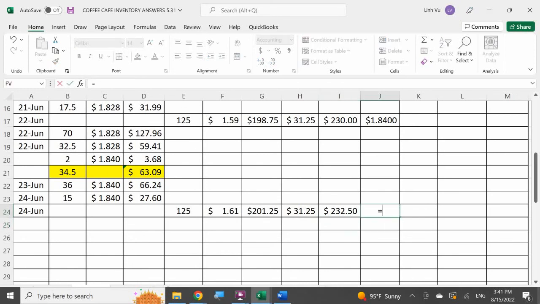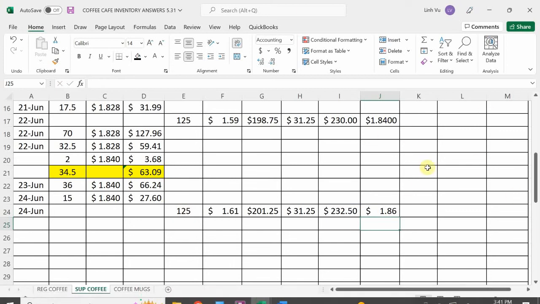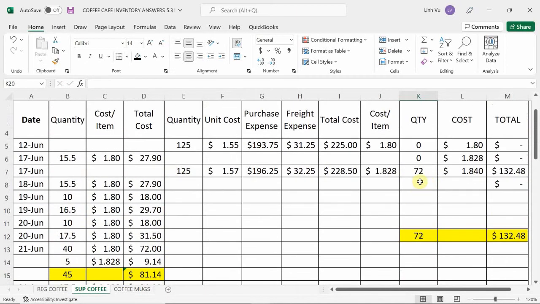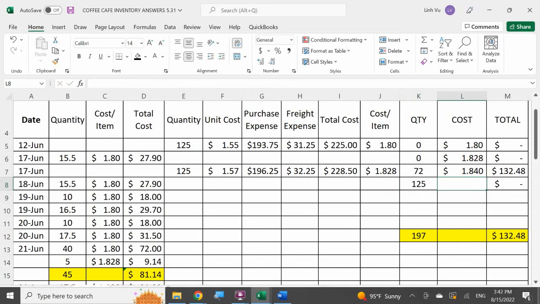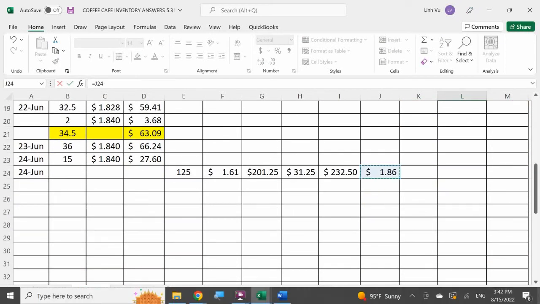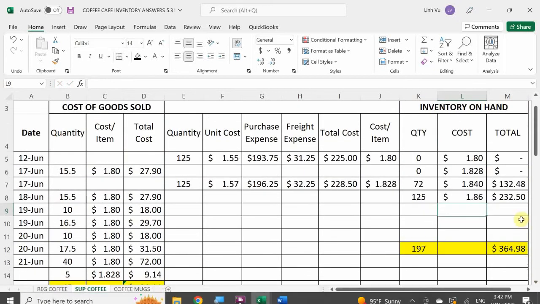We need to figure the cost per item. Was 186. Mine says even, so we transfer that up as another batch at 186 for the 232.50.